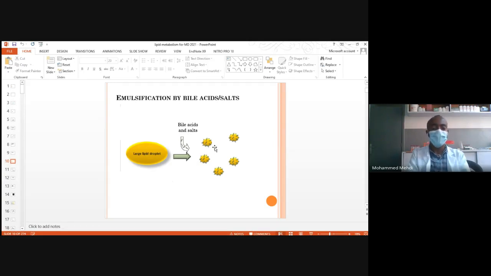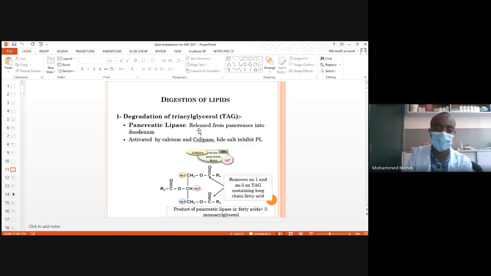So the enzyme finally acts on the lipid part, having this emulsification function. It is very important. Without bile acid, we cannot digest our lipid diet. So it is very important to have maximal lipid digestion after this emulsification function.